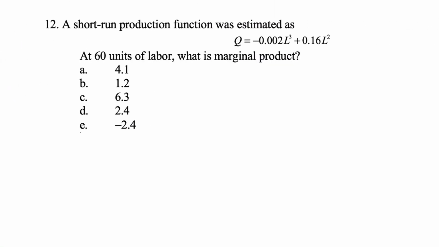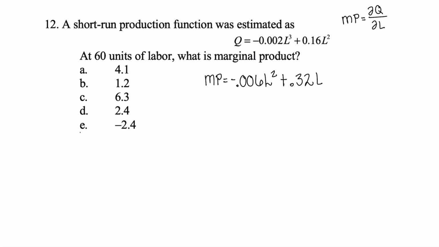Question 12 says a short-run production function was estimated as the same thing we've been using. At 60 units of labor, what is marginal product? So our marginal product, if we look at this quantity, is going to be negative 0.006 L squared plus 0.32 L. And this is coming from either using the marginal product equals the derivative of Q with respect to L, or you can use your formulas that are given within the chapter and plug them in.